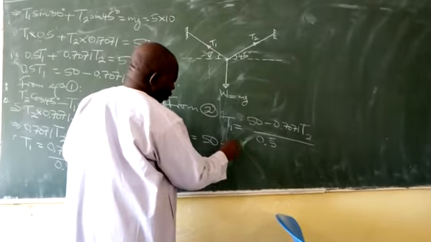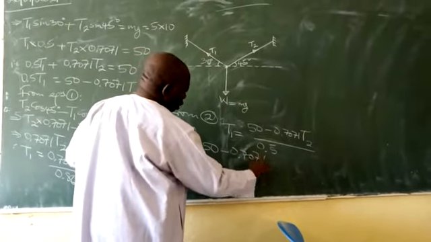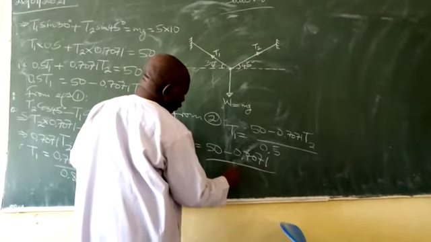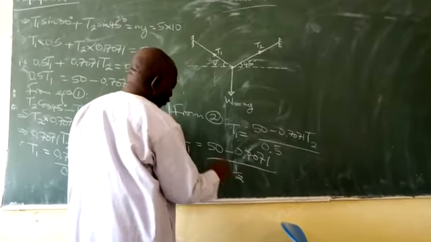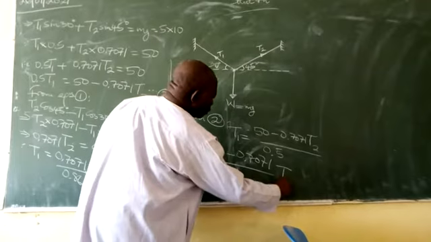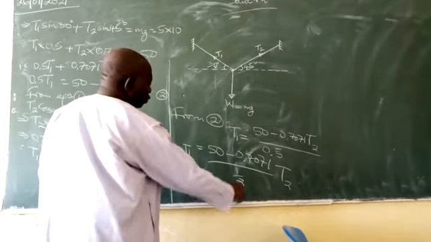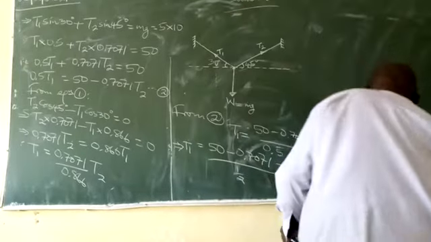T1 is equal to 50 minus 0.7071 T2 over 0.5. 0.5 is the same as half, so these two will move up.